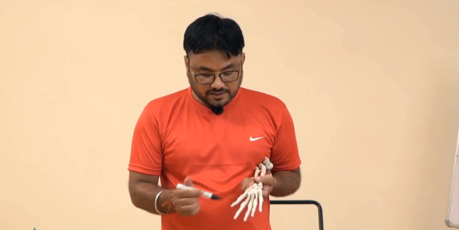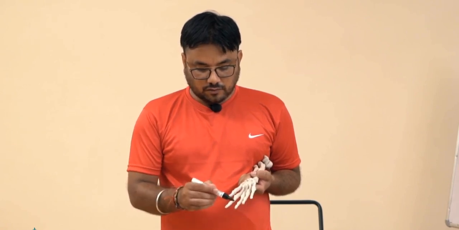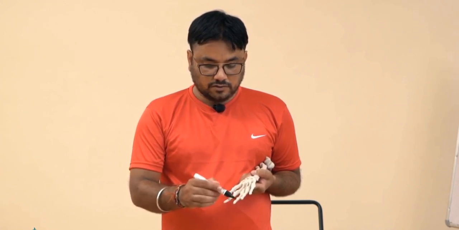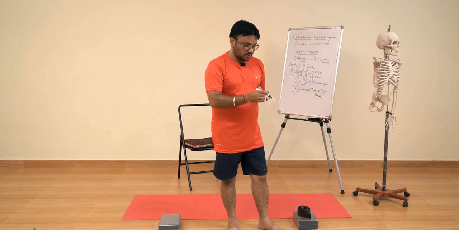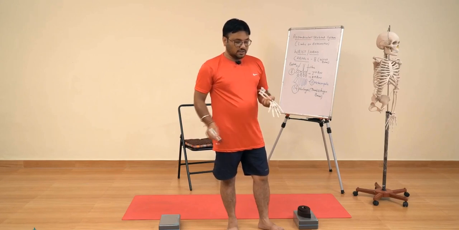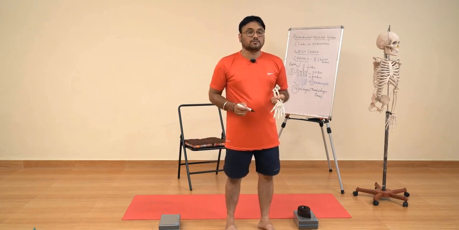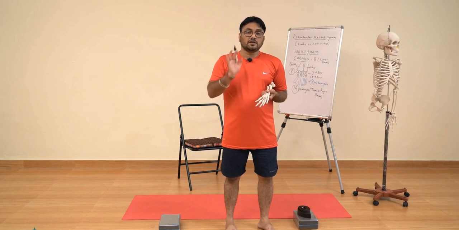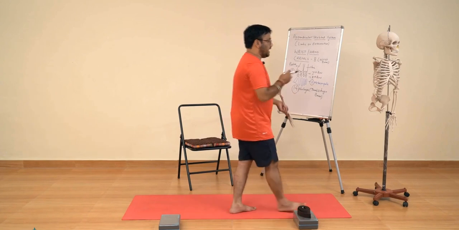Then the phalanges: thumb 1, 2, and the fingers 1, 2, 3 each. So 3 in each finger, so 12, and 2 in the thumb. So total is 14.